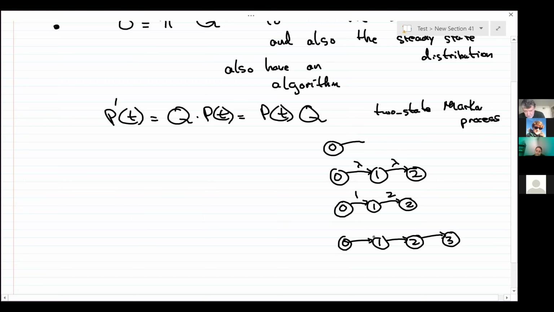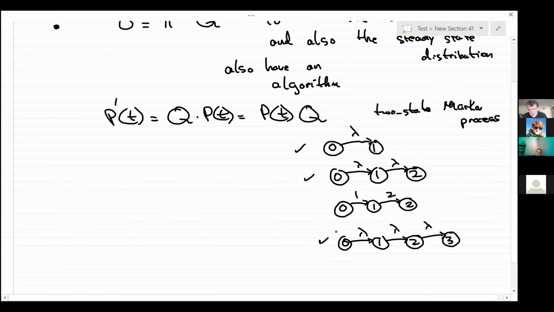But if that has just lambda, lambda, lambda, this one is what's called a pure birth process with constant rate up.